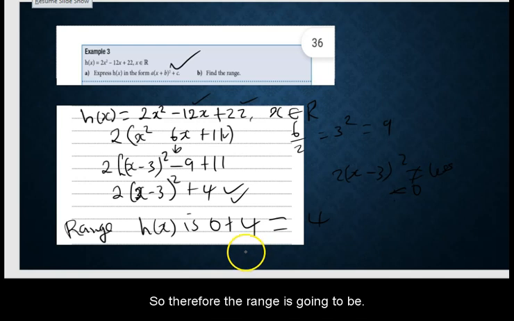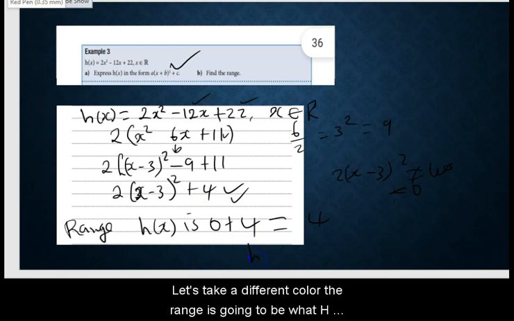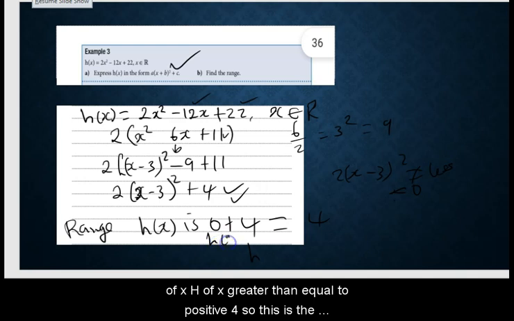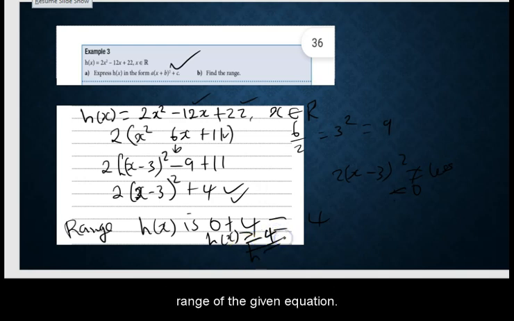So therefore the range is going to be, let's take a different color, h of x greater than or equal to positive 4. So this is the range of the given equation.